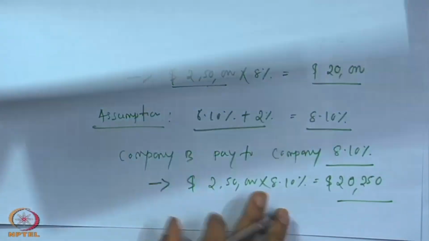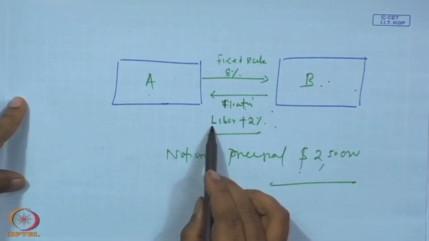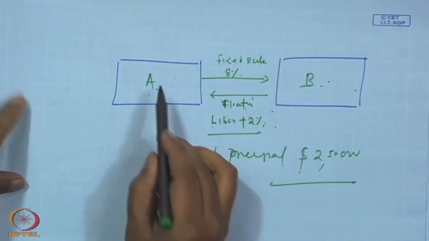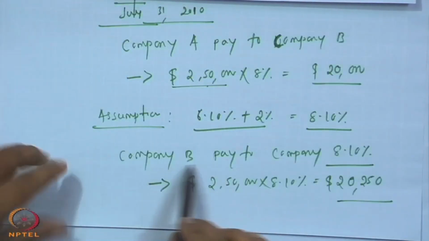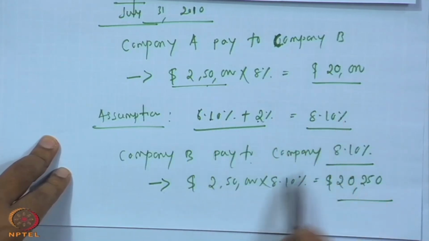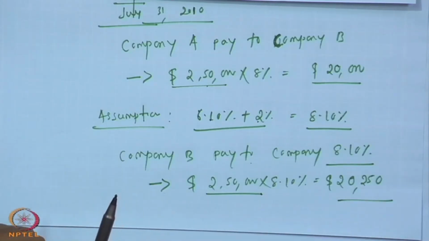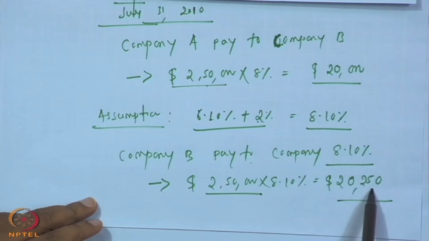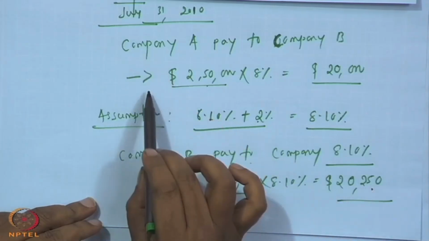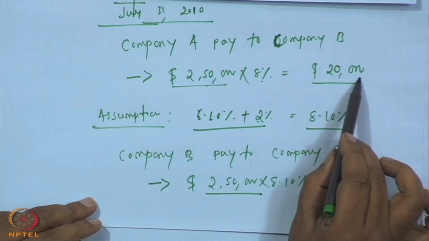Now, if you see the diagram, company B will surrender the floating interest rate LIBOR plus 2% to company A. So, now we have done the same thing, company B surrenders LIBOR 6.10 plus 2%, 8.10% of notional principal 2,50,000, that is 20,250. So, what is the stream of transaction that takes place? Company B will pay 20,250 to company A, and company A will pay 8% of 2,50,000, that is 20,000, to company B.